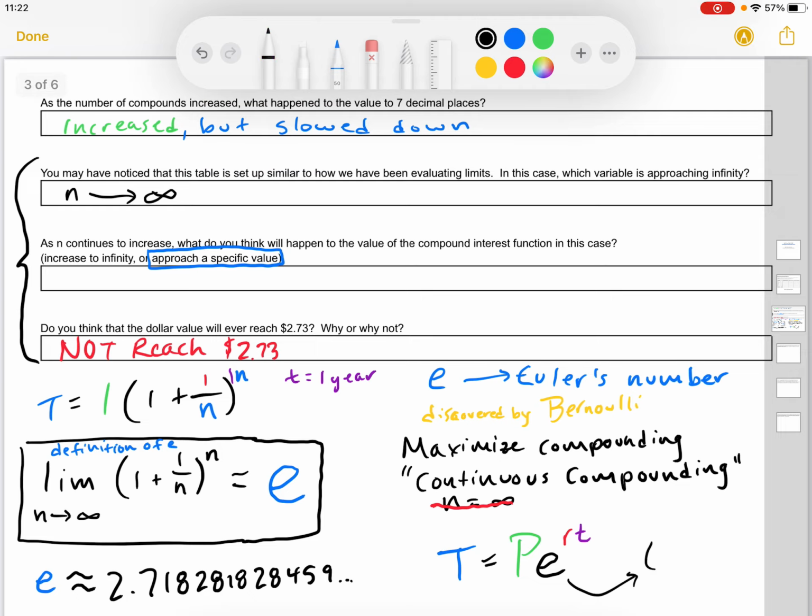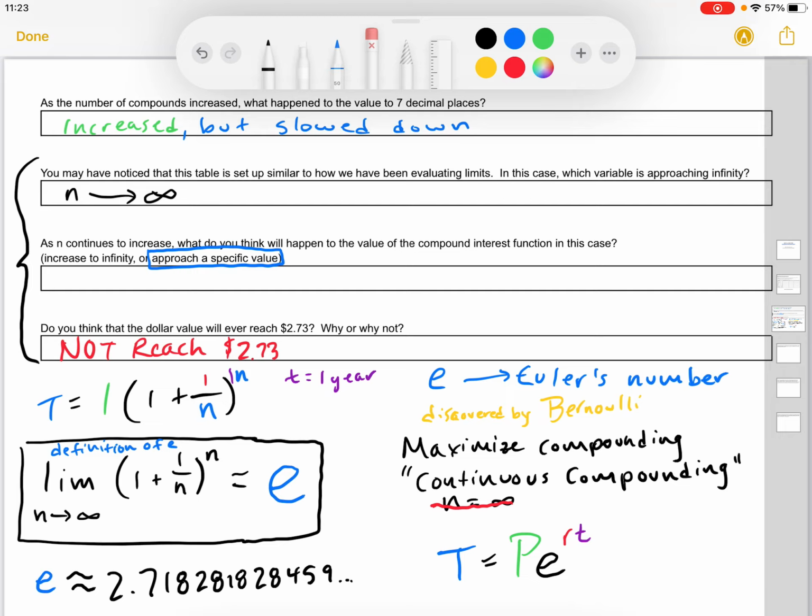So this is like 1 plus 1 over infinity to the infinity, right? Instead of writing in that 1 over infinity to the infinity, we use the limit of this to write e.